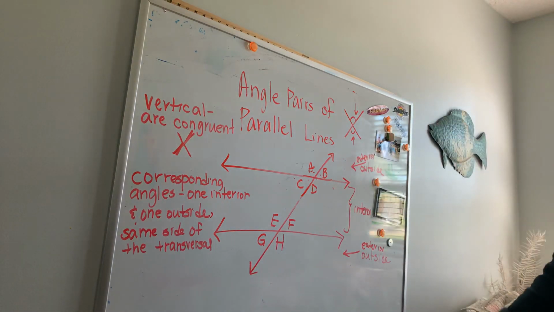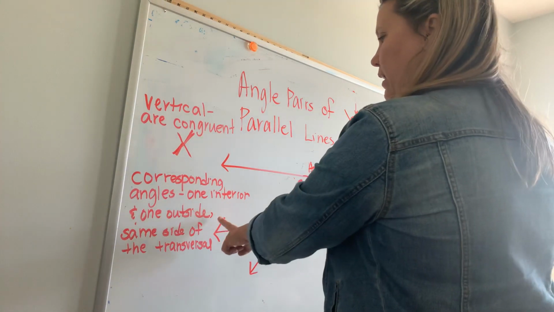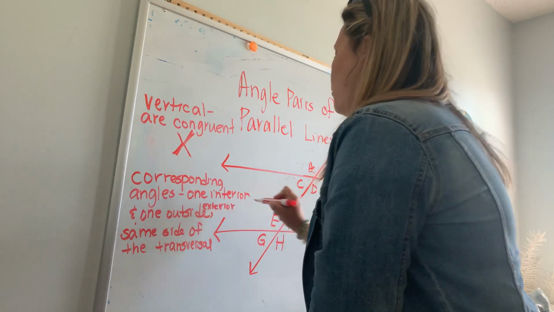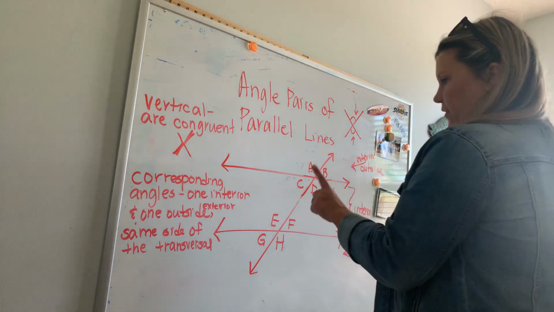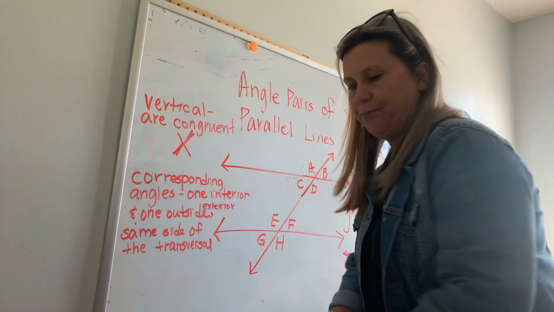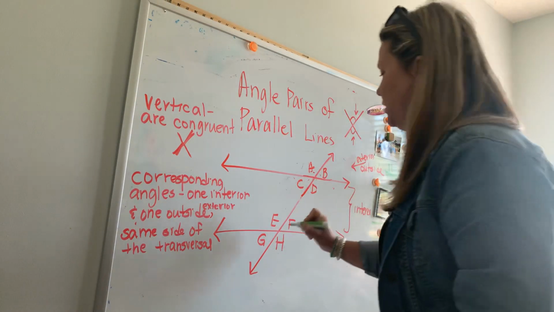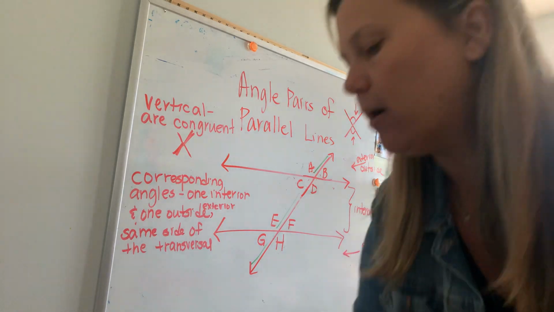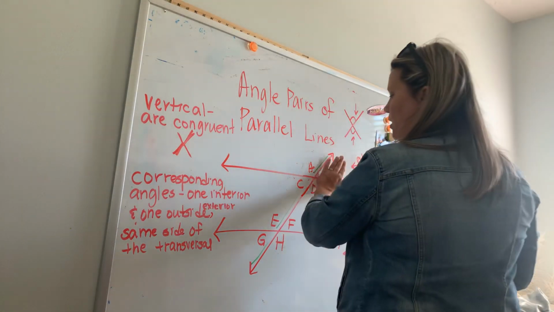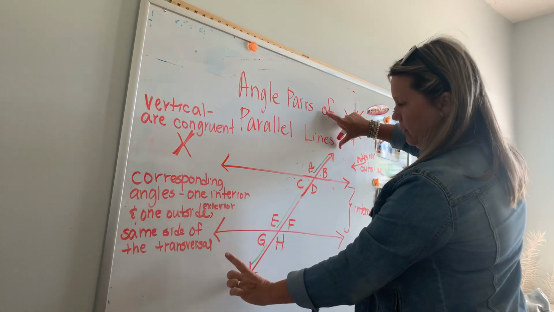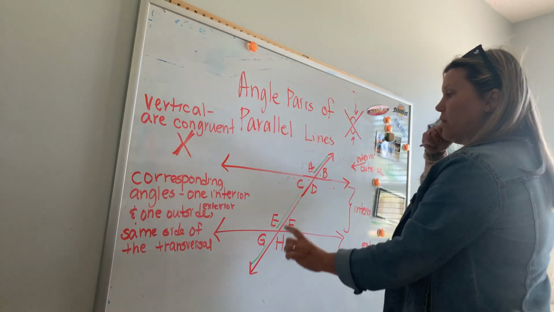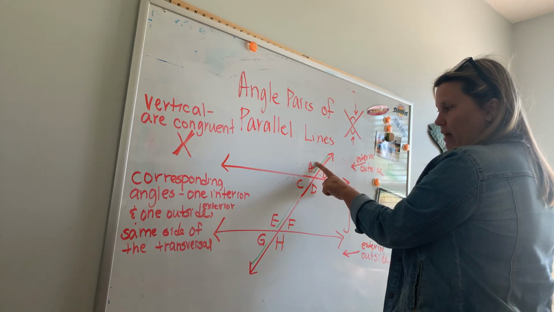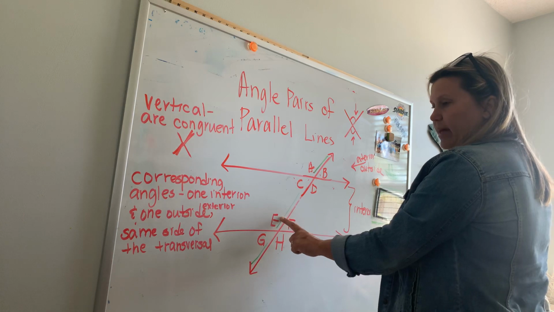So for corresponding angles, we need to have one inside and one, I wrote outside instead of exterior. So we need to have one interior and one exterior angle. So here's a transversal, and I have a different color marker here, but I don't know if you can see it. It has to be on the same side. So I'm going to look at this side of the transversal. And one of them has to be inside and one of them has to be outside. So look, A is on the outside, E is on the inside.